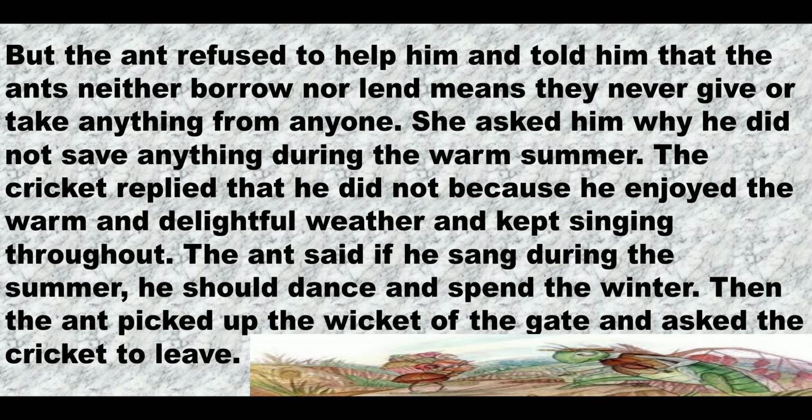She asked him why he did not save anything during the warm summer. The cricket replied that he did not because he enjoyed the warm and delightful weather and kept singing throughout. The ant said if he sang during the summer, he should dance and spend the winter. Then the ant picked up the wicket of the gate and asked the cricket to leave.